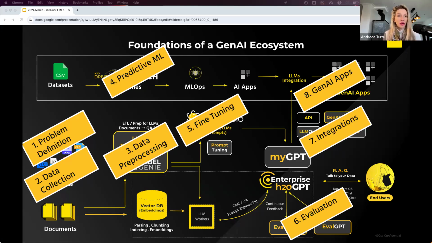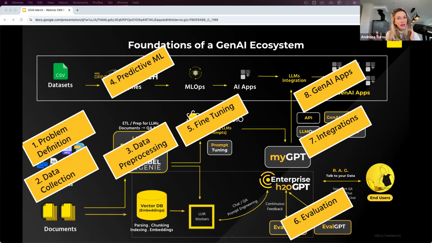Unfortunately, usually what happens is that you already spent a particular amount of time acquiring all the information for the next steps. So problem definition, extremely important. I cannot emphasize enough on this point.